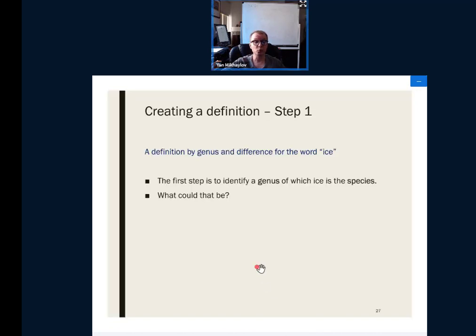Let's try together. Let's do a definition by genus and difference for the word ice. Now we need to find a genus for it. Next class up, something relatively larger than ice. What is ice a type of? Solid? Is ice a type of solid?